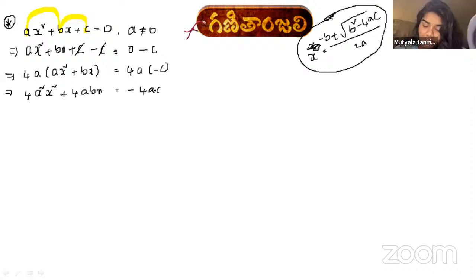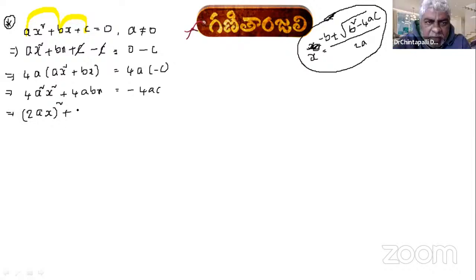Now, I want to write 4 as 2 square. Agree? 4 is 2 square. 4a square x square is nothing but 2ax whole square.